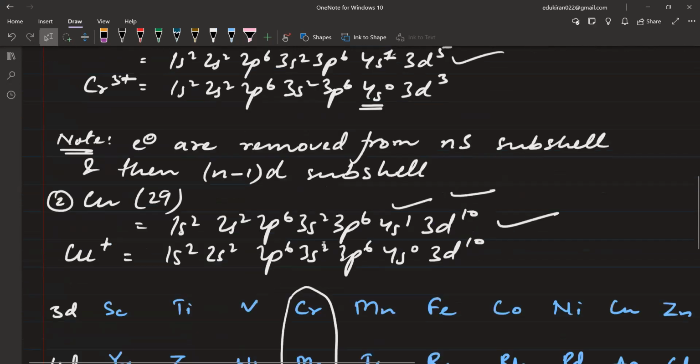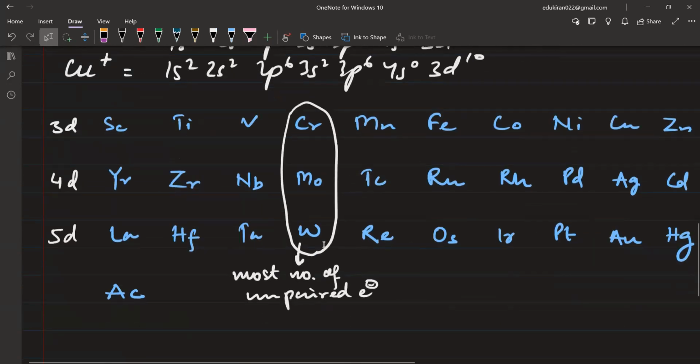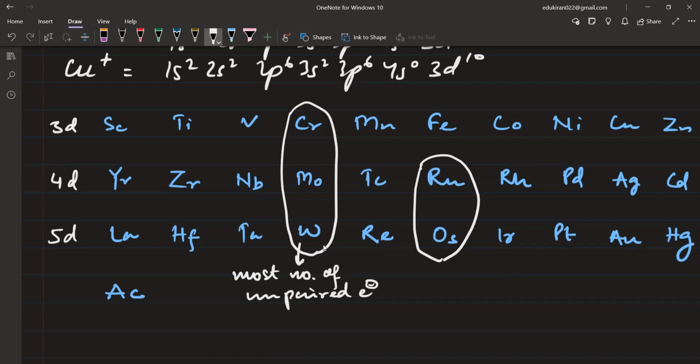So in total, they are going to have 6 unpaired electrons. Okay, they have the maximum unpaired electrons. Ruthenium and osmium are important because they show the highest oxidation state of +8.